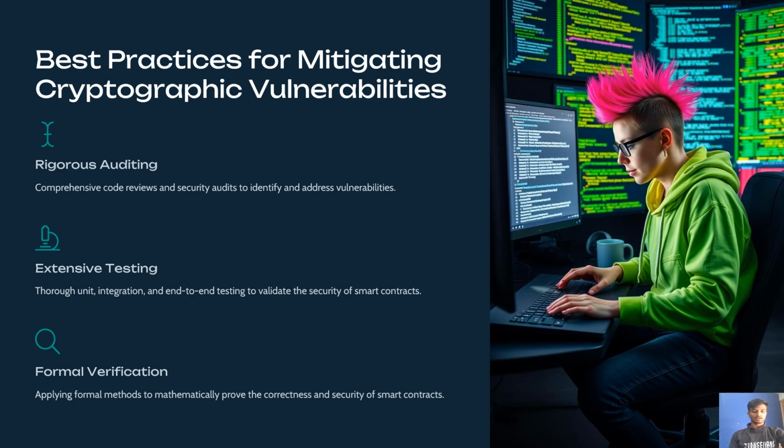Third is formal verification: applying formal methods to mathematically prove the correctness and security of smart contracts. These three practices have to be done to mitigate the problems of cryptographic vulnerabilities.